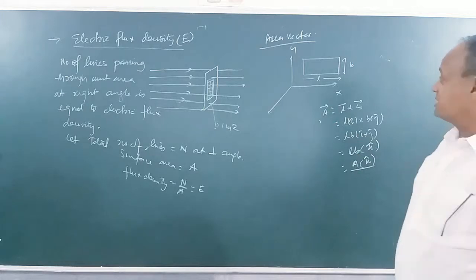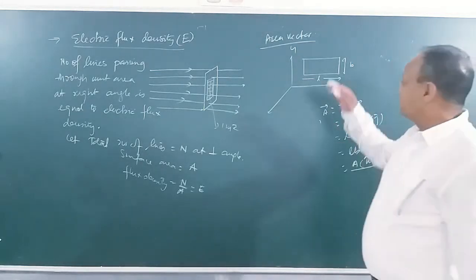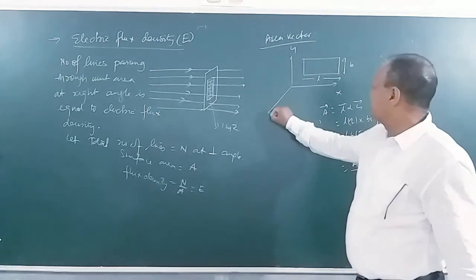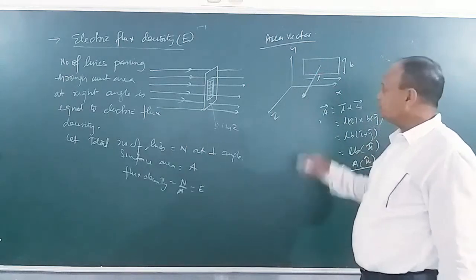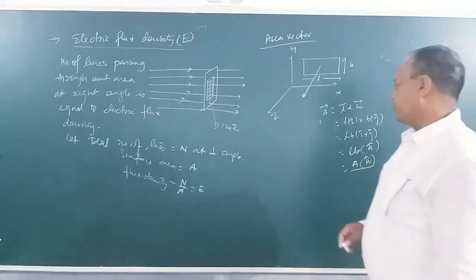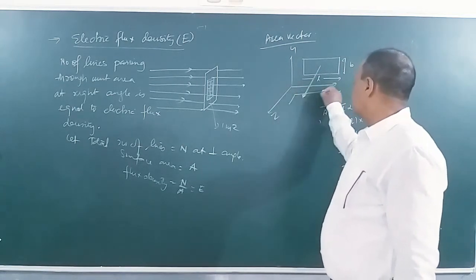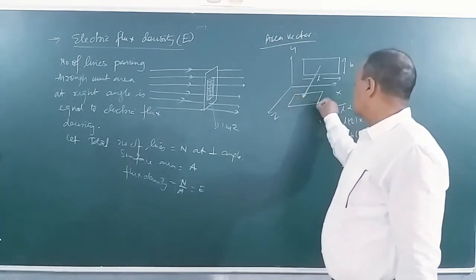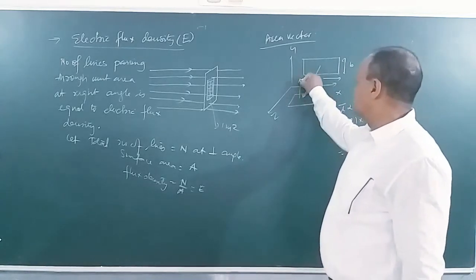So area vector is a vector which is pointed perpendicular to the given surface area. This is Z, so this is how we consider the area vector. Now suppose I take an area out here in the ZX plane, then its area vector will be on which axis?